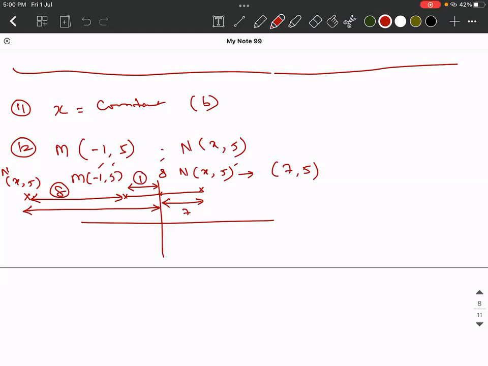Then how much will this be? 9 units. So it could have been (-9, 5) also. So the x coordinate could have been either -9 on the left hand side or 7 on the right hand side. Is it clear?